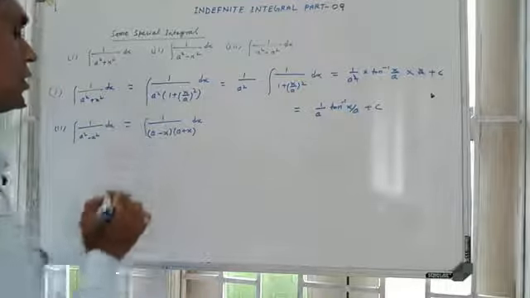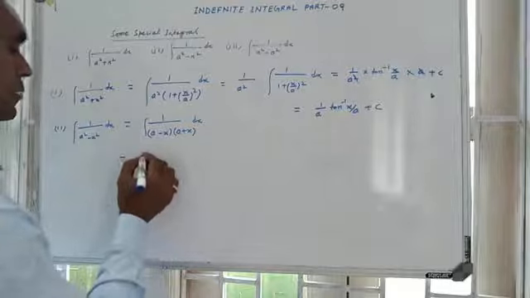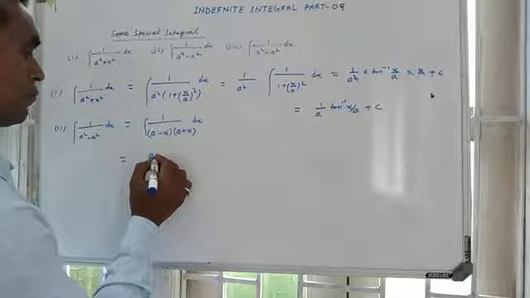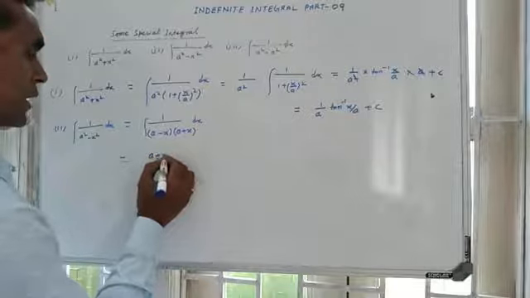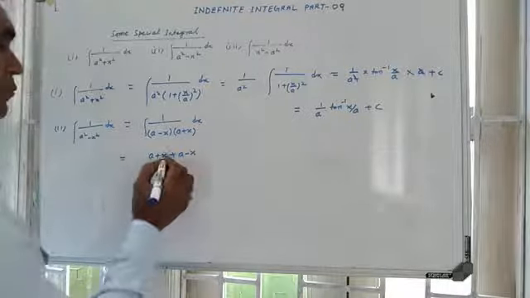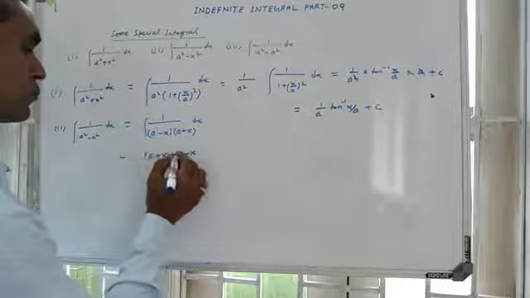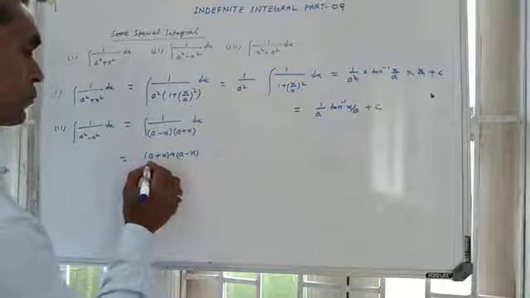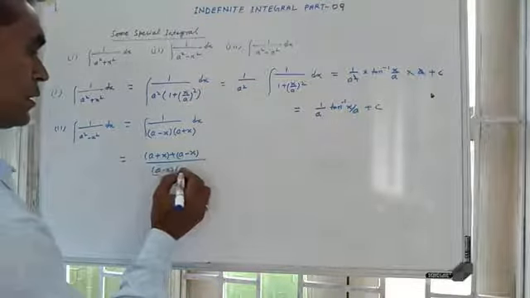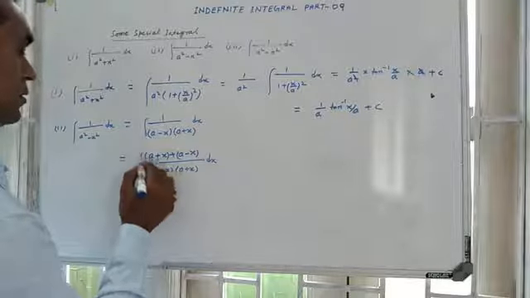Again we have to reduce it into standard form. For that we will apply this method: a plus x plus a minus x, divided by a minus x and a plus x dx.